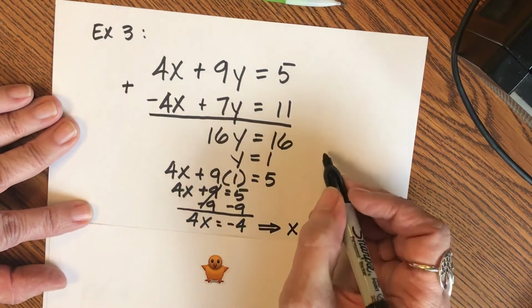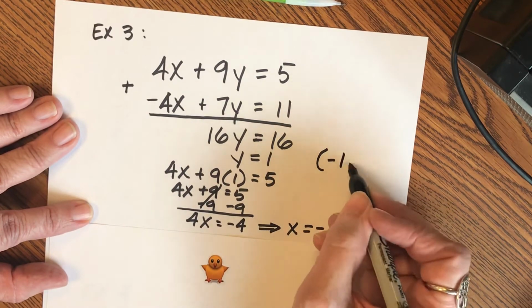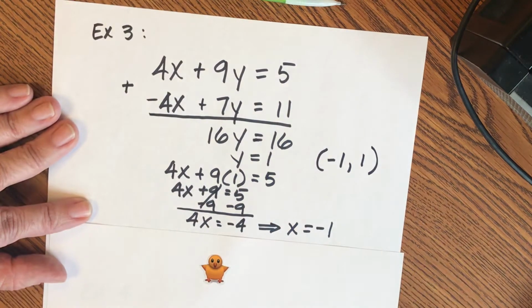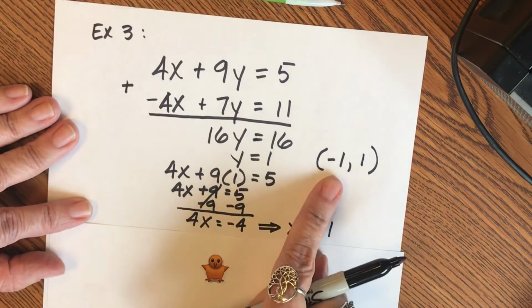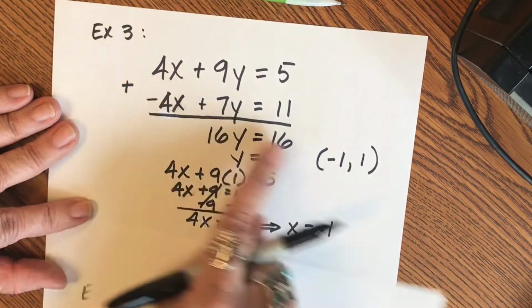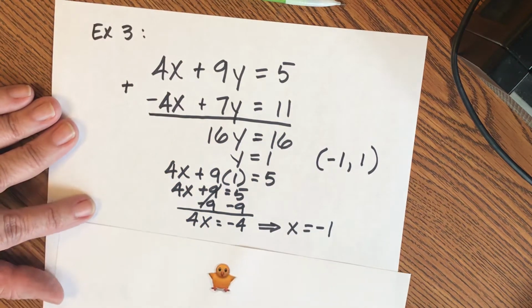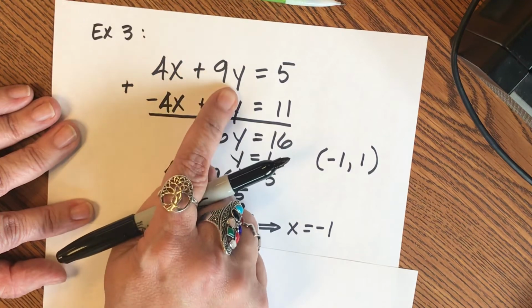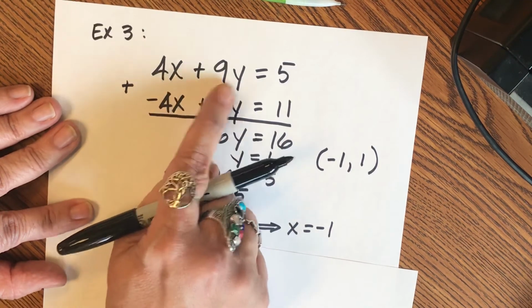So that tells me that my x coordinate is -1, my y coordinate is +1, and that's where those two lines intersect. And you can always take this and plug it in and make sure that it works. If x is -1, this would be a -4, plus 9 times 1 is 9, -4 plus 9 is 5.